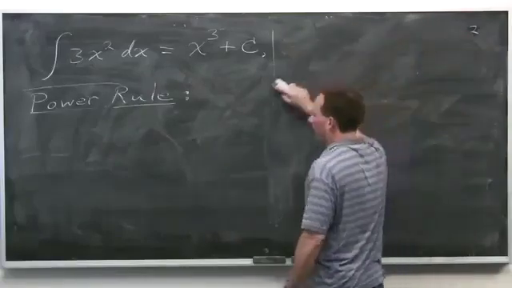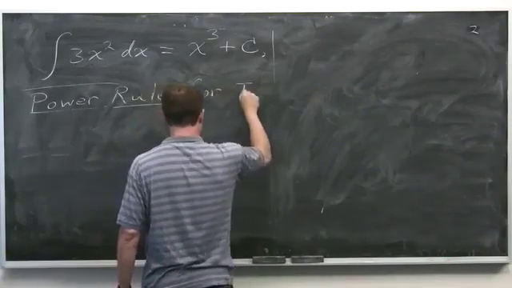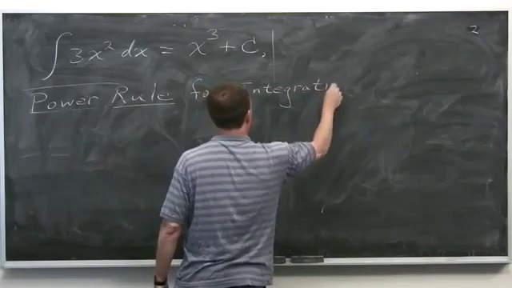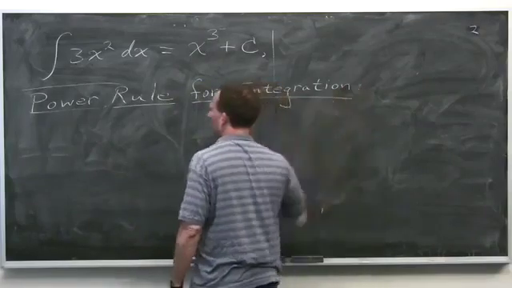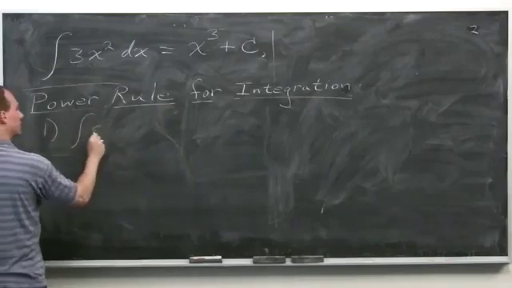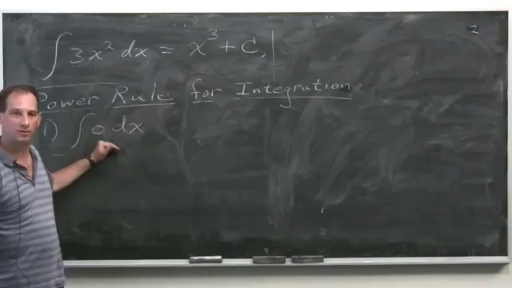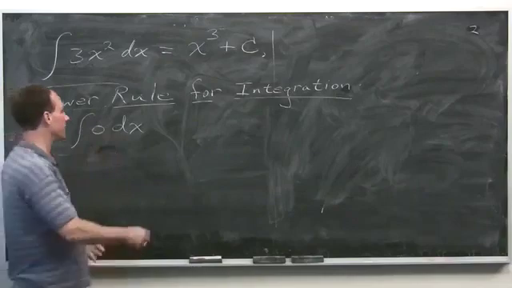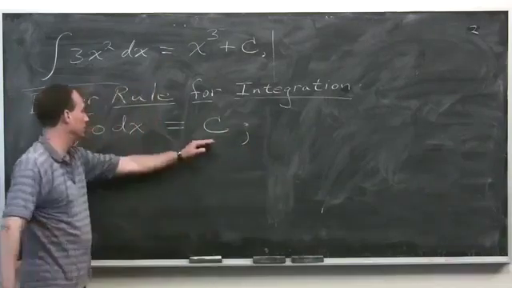So the power rule for integration or anti-differentiation, one of them: what is the antiderivative of 0? Something whose derivative is 0. Well, 0's derivative is 0, but then you can add any constant. And what this is the same as saying is the derivative of any constant is 0.